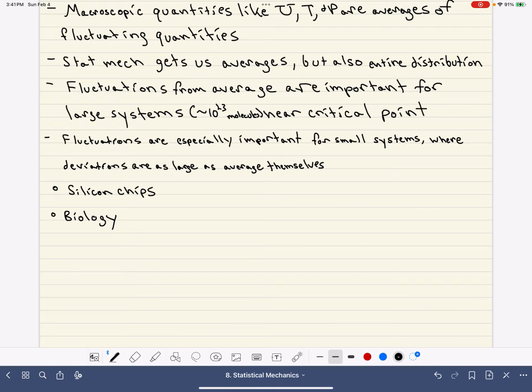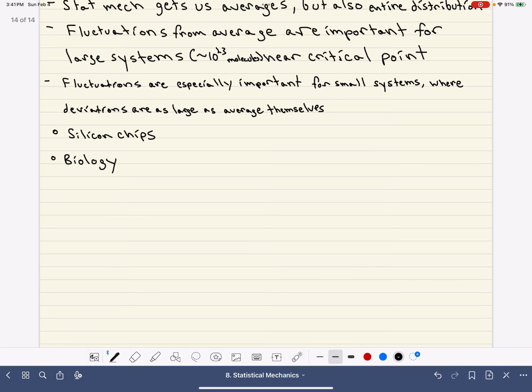In order to develop a framework for quantifying thermodynamic fluctuations, we're going to turn back to our statistical tools, and we're just going to look at the variance, where alpha here is some property.